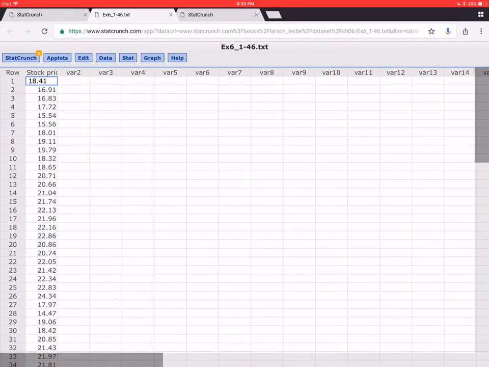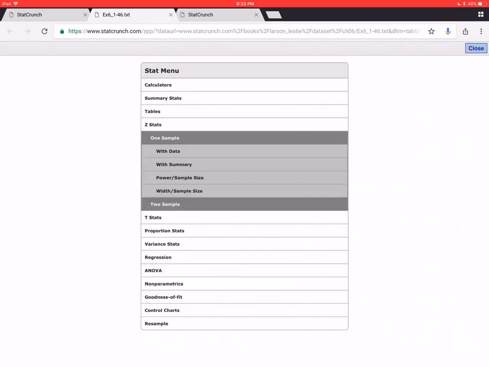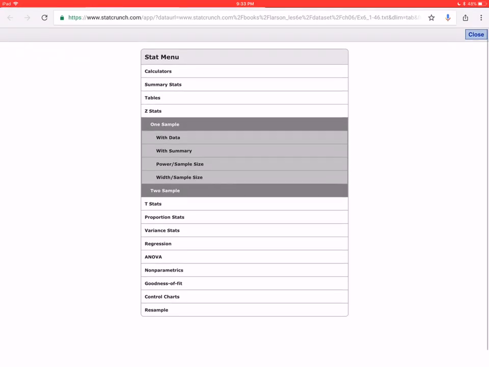All right, so again, I've got my data set listed there. I go to Stat, go right back to Z Stats, but this time I choose with data.